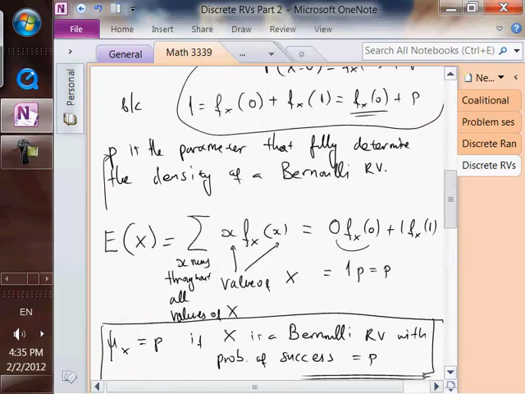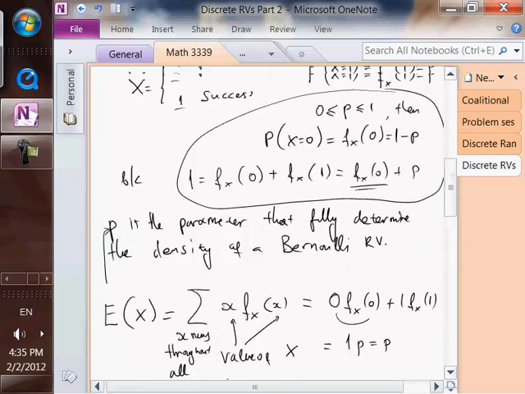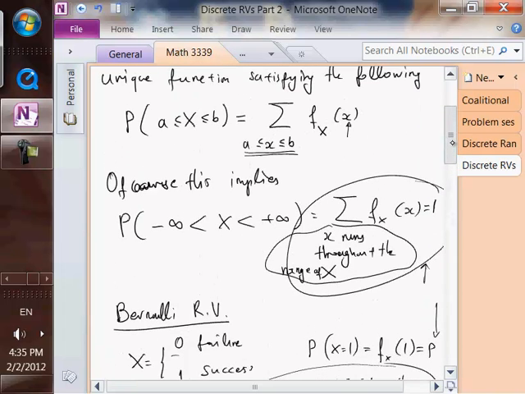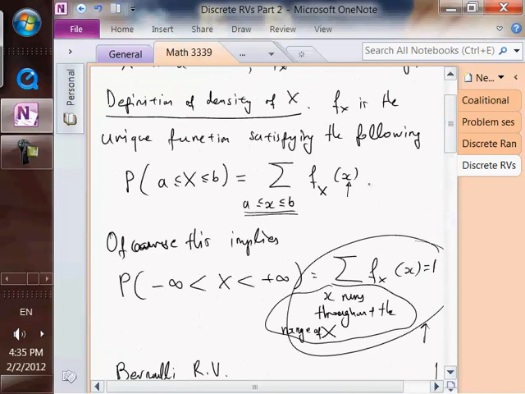Look here. I have to sum the values of the density function that correspond to the value of the random variable being between 12 and 40, according to this formula.